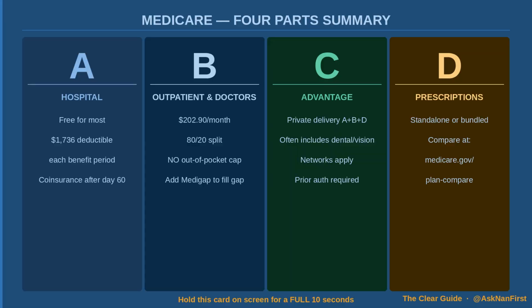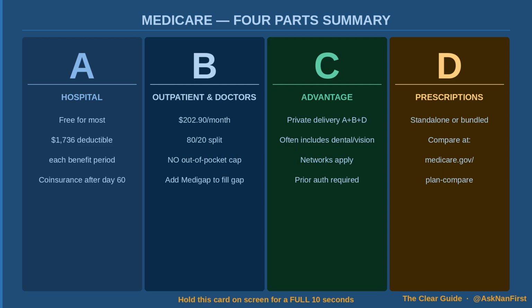Okay, let me bring all of this together. Part A is your hospital coverage. Free for most people, but it does cost when you use it. Part B is your outpatient and doctor coverage. $202.90 a month with an 80-20 split, no cap.